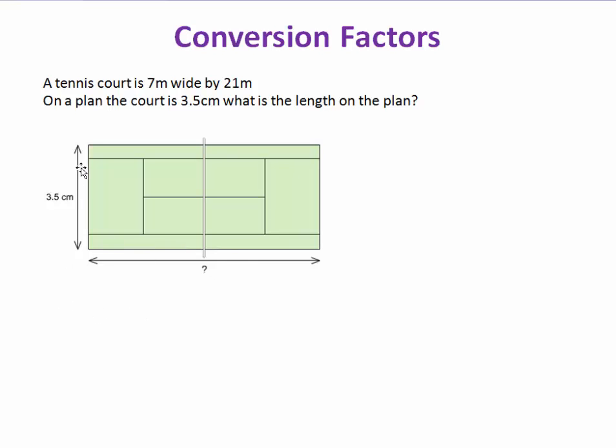So we use proportions. 7 divided by 3.5 is going to equal 21 over x. 7 divided by 3.5 is 2. So x equals 21 divided by 2, which is 10.5.